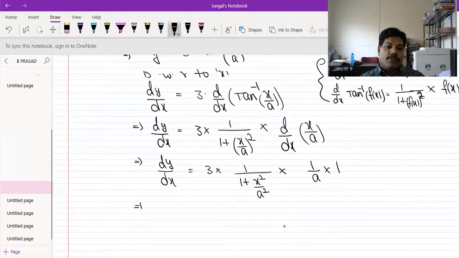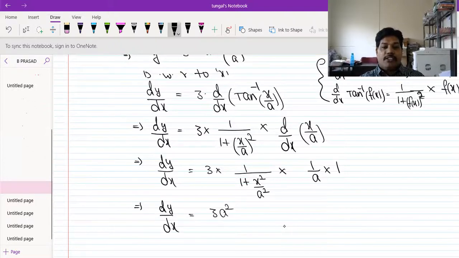So what happens, students? dy by dx is equal to 3a square. Take the LCM a square, it will become a square plus x square by a square. Take this a square to the numerator, it will become 3a square by a square plus x square, into 1 by a.